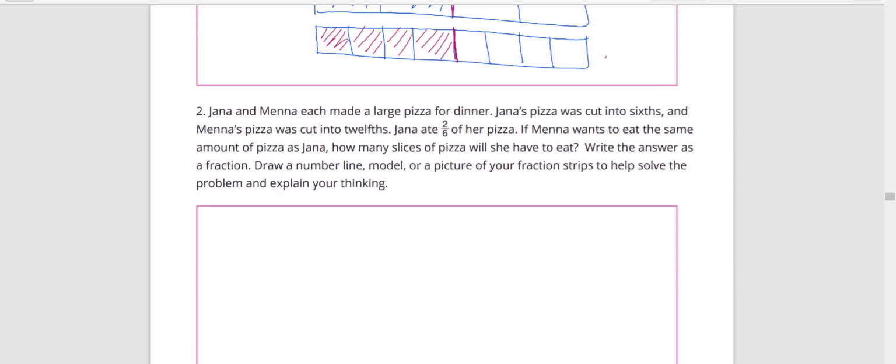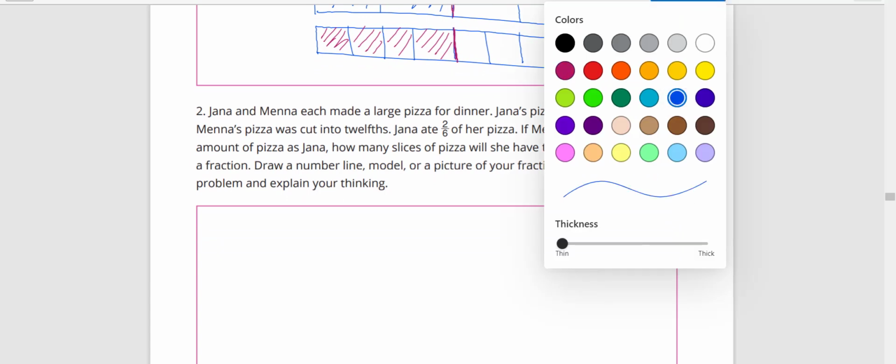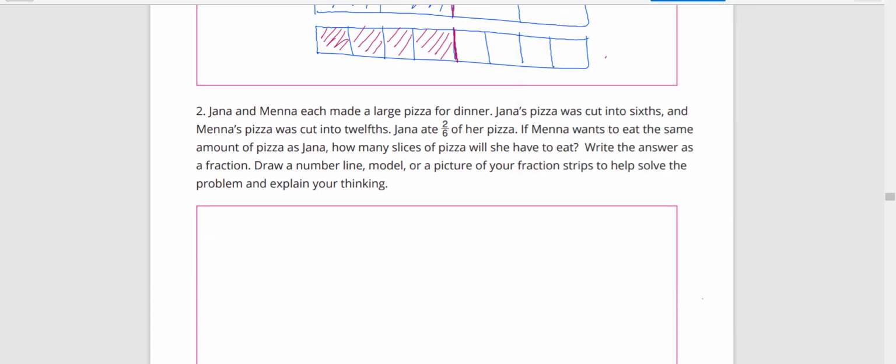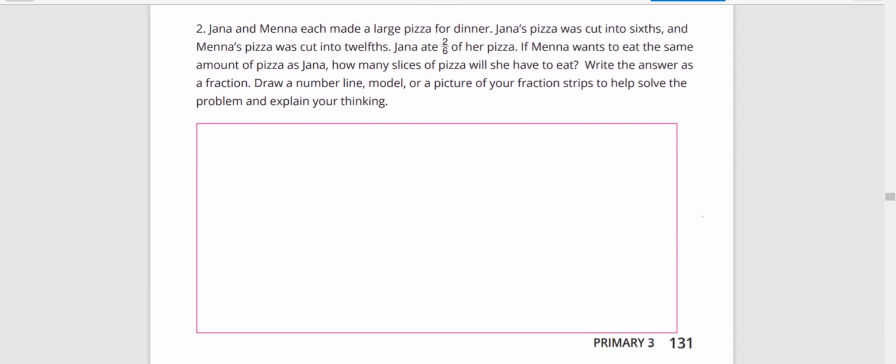Number 2: Jana and Mina each made a large pizza for dinner. Jana's pizza was cut into 6 and Mina's pizza was cut into 12. Jana ate 2/6 of her pizza. If Mina wants to eat the same amount of pizza as Jana, how many slices of pizza will she have to eat?